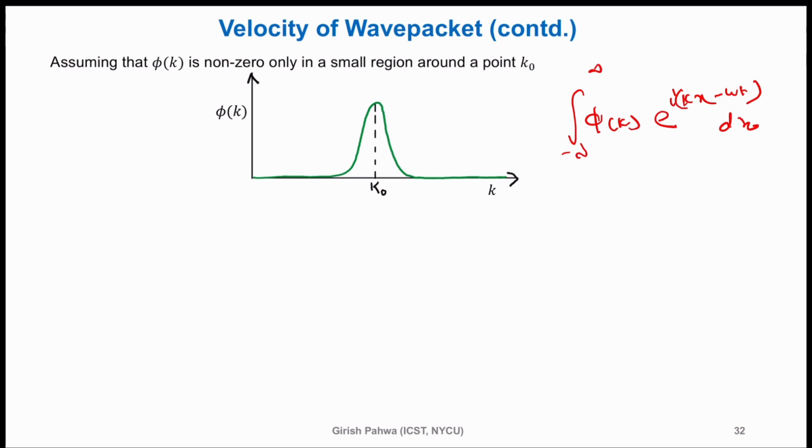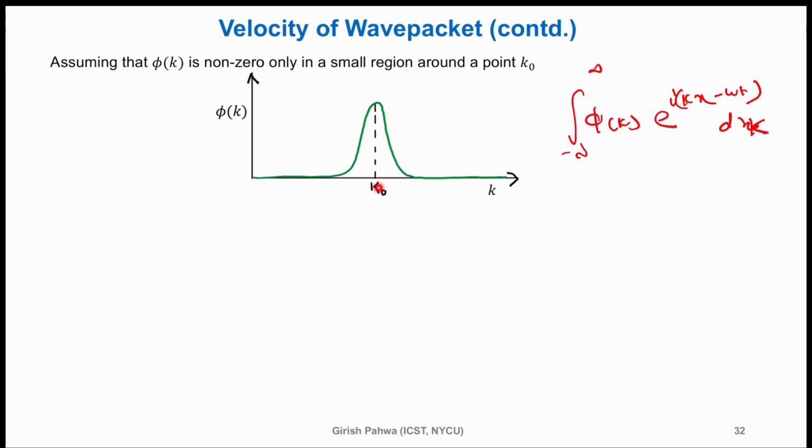I can safely say that I only need to evaluate this integration in this range, because phi k is 0 here, 0 here, so these limits of integration, this is k actually, from minus infinity k to plus infinity k will get restricted to this range. So I'm only talking about this particular range, a small range of k values centered around k naught.